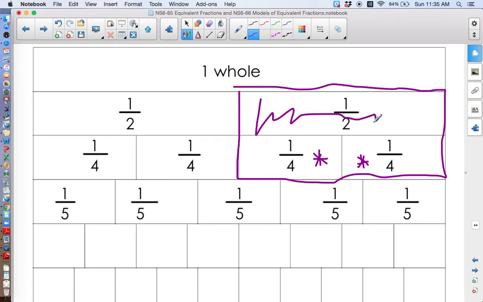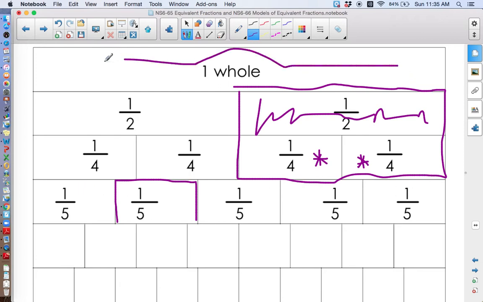Does everybody see that? But I don't have any fifths that take up that same amount of space. No fifth takes up the same amount of space as any of the quarters or any of the halves. I know that I need to have all 5 in order to fill the space of a whole.